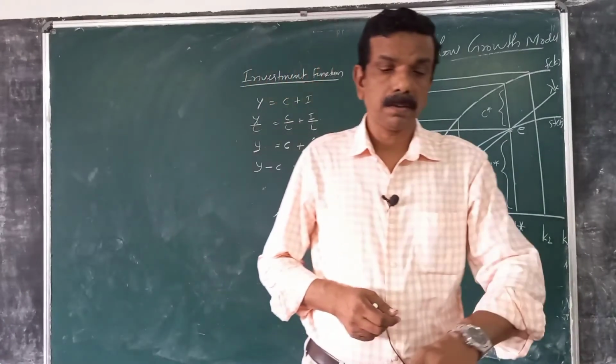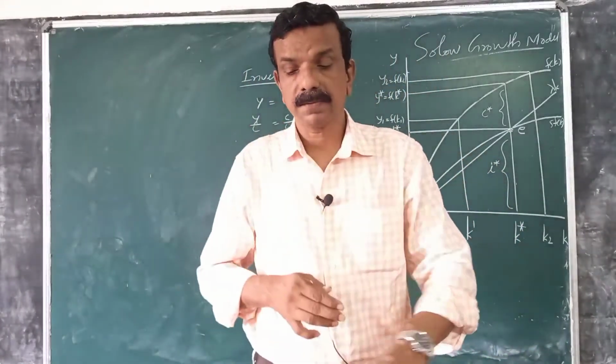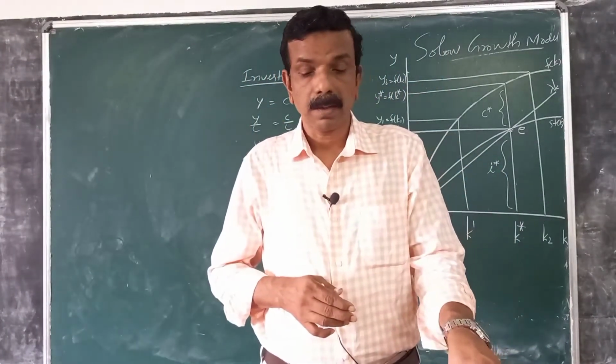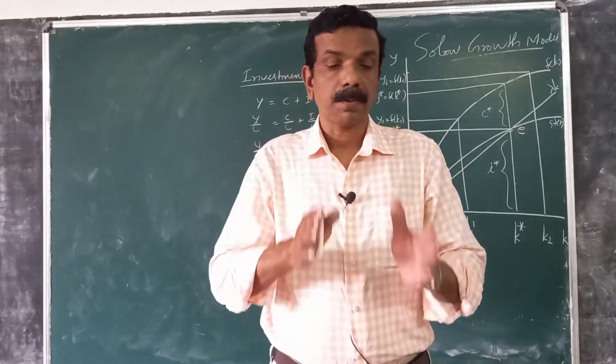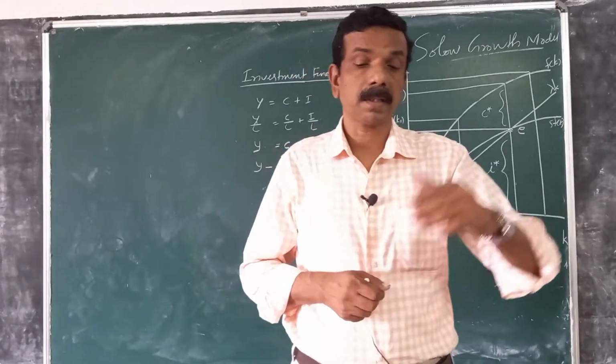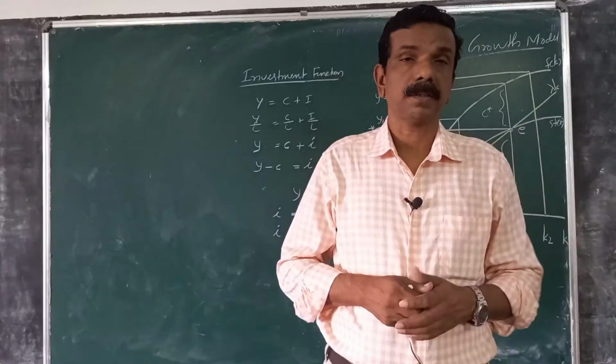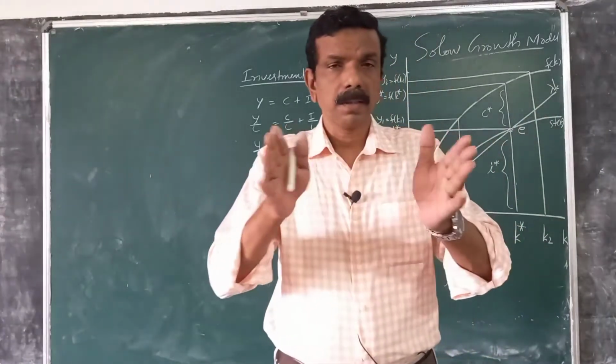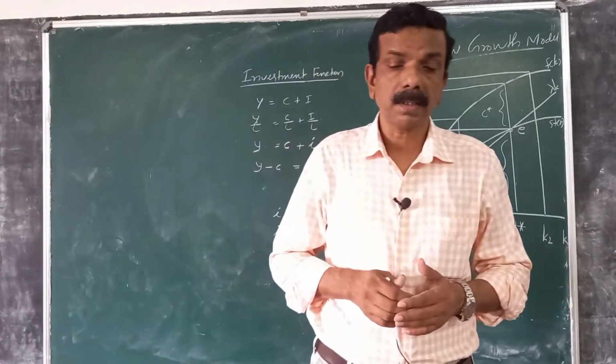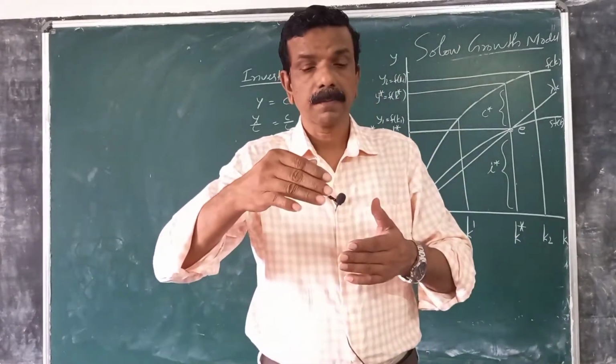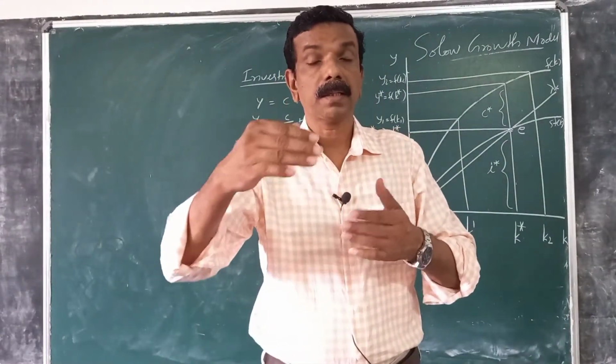Now, we have introduced two ingredients of the Solow model. One is the production function, the second one is the investment function. These two ingredients describe the economy at any moment in time.